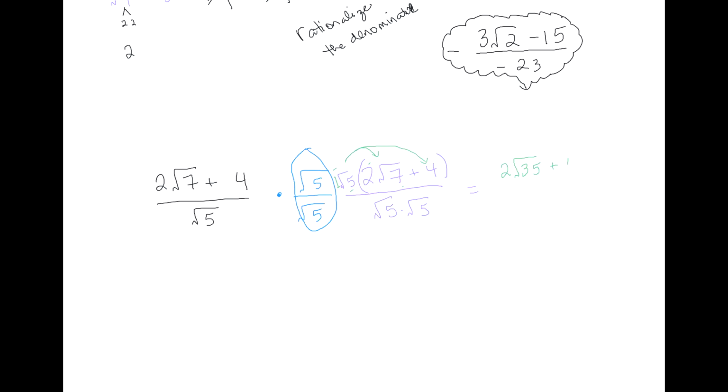But the square root of 4 is not inside of the square root sign. So he's going to be outside. And the 5 stays the same inside the square root sign. If this was a square root of 4, then yes, it would be square root of 20.